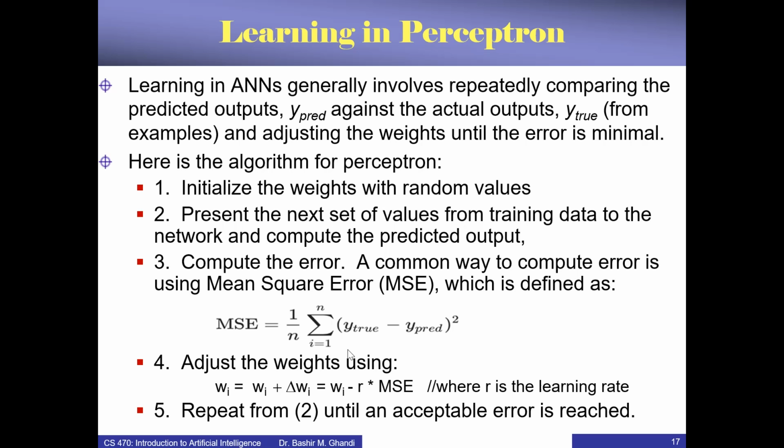This is essentially how Perceptron learns. So we start with random weights, we compute the output, compute the mean square error, subtract this error from the weights, and repeat the process until the error reaches an acceptable state.